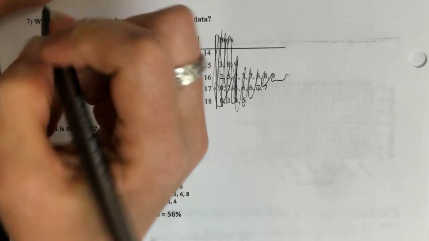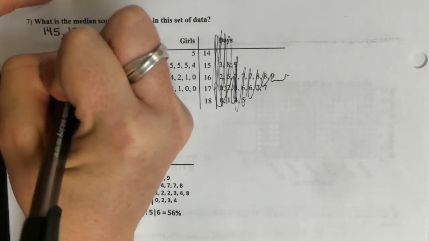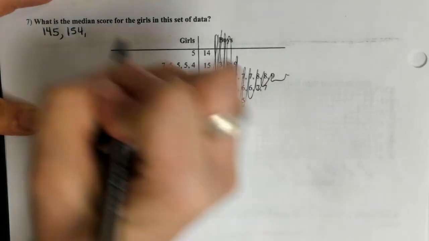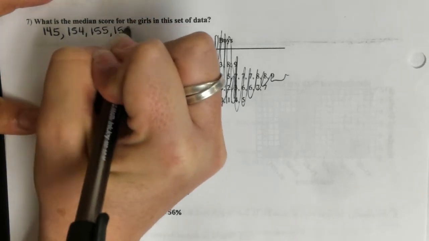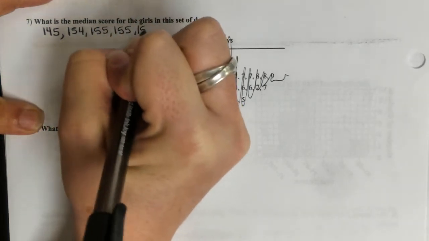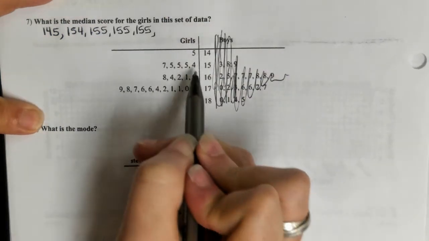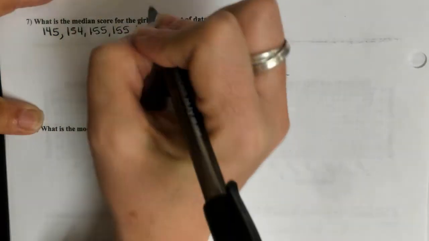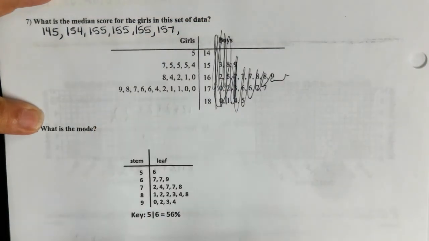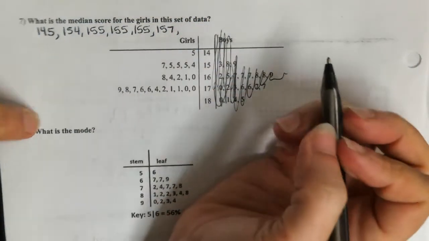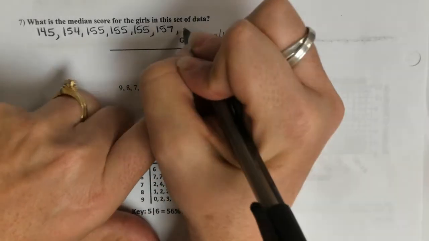It'd be 154, 155, and there were 3 of them, and then a 157. Guys, I know this takes longer or whatever you want to call it, but it also helps me get the right answer.